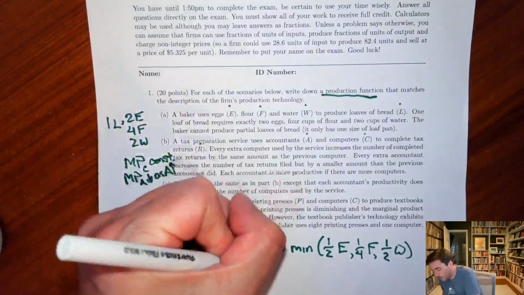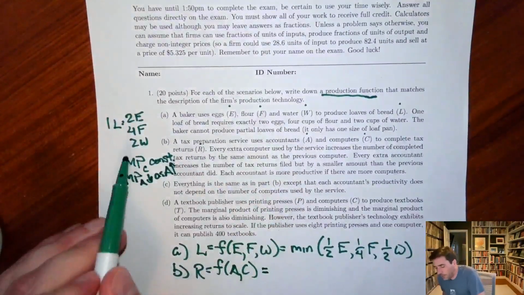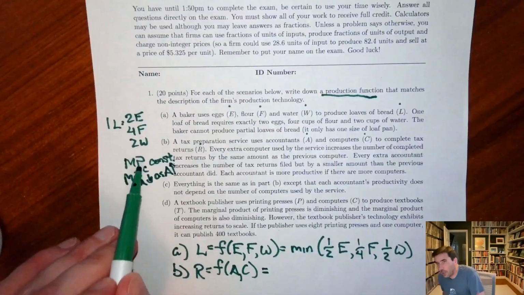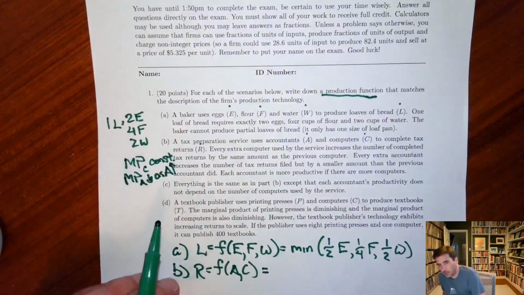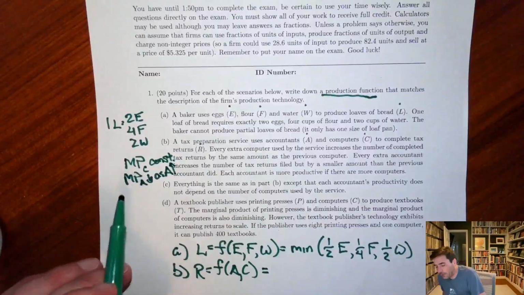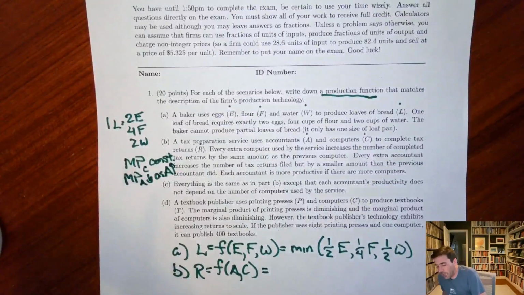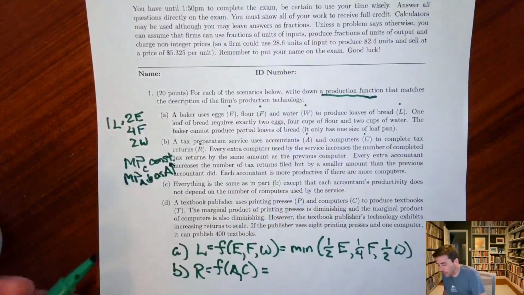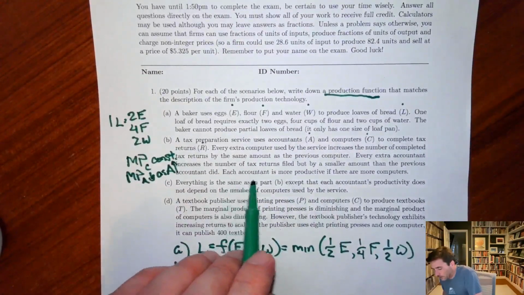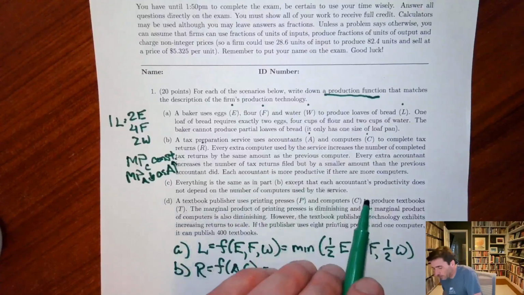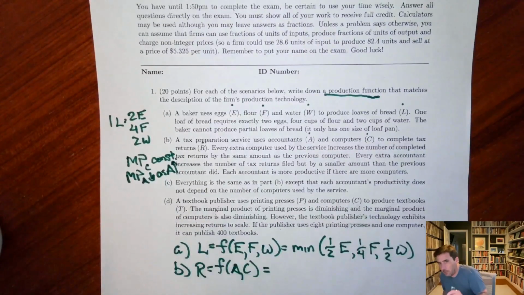All right, so already from this information, I know that I want no exponent on C in my equation, so I get constant marginal product of C, and I want a fractional exponent on A so that I can get diminishing marginal product of A. Now I've got one more sentence here that I have to account for. Each accountant is more productive if there are more computers. So my marginal product of accountant depends on computers.